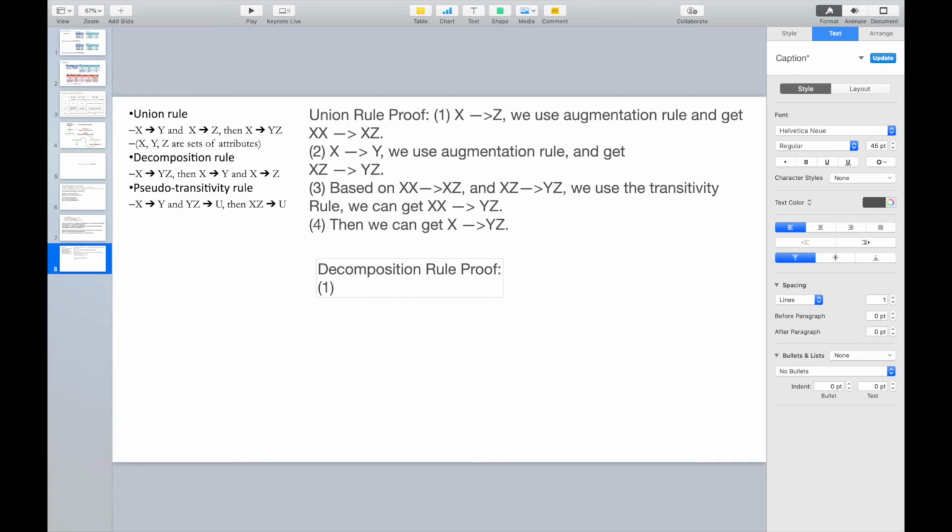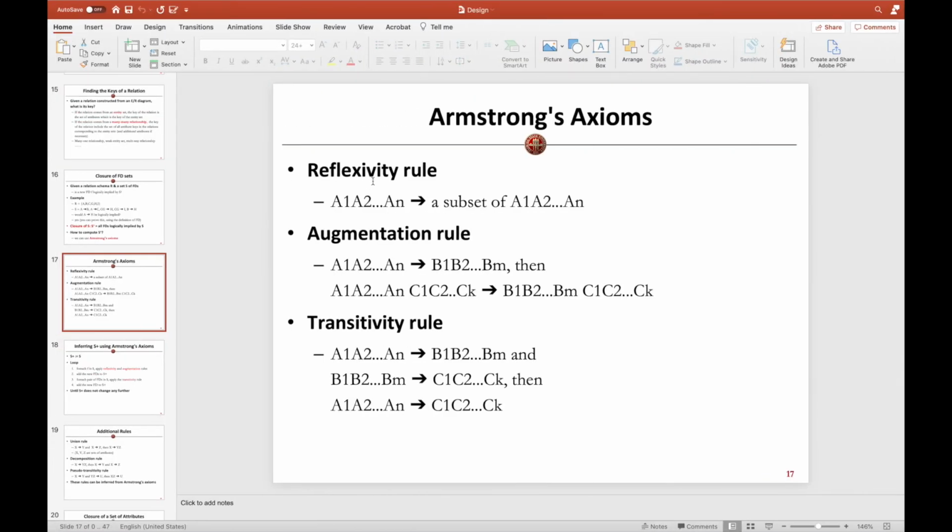First of all, based on one rule called the reflexivity rule: given A1 to An, we can imply any subset of A1 to An.